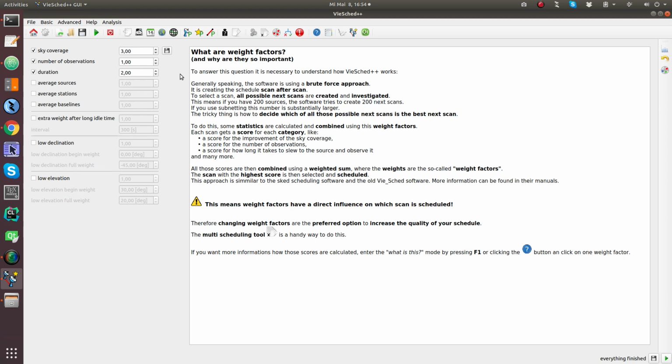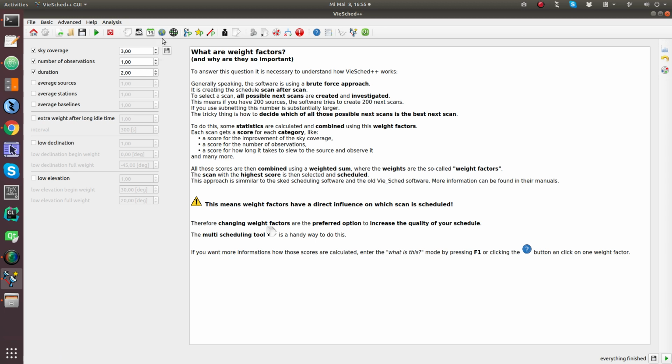Usually the most important weight factors are the three on the top here: the improvement in the sky coverage, the number of observations per scan, and the duration of the scan, meaning the whole time from the start of the slewing until the observation is finished. These are the main three weight factors, and usually you want all three of them for your session.